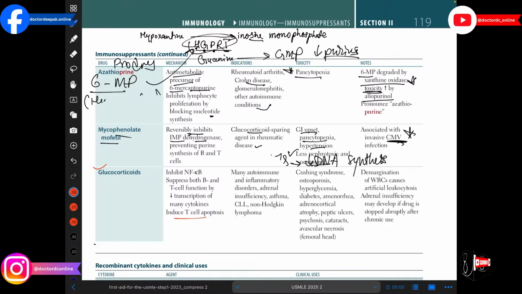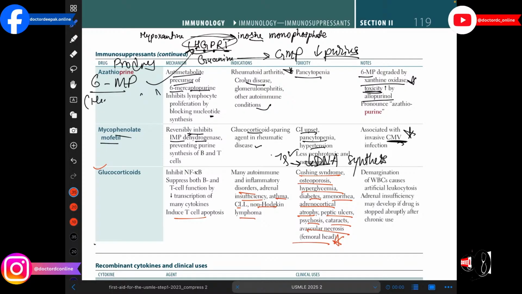They induce T cell apoptosis and are used in many autoimmune and inflammatory disorders, adrenal insufficiency, and asthma, and also in chronic lymphocytic leukemia and non-Hodgkin lymphoma. Toxicity can include Cushing syndrome, osteoporosis, hyperglycemia, diabetes, amenorrhea, adrenocortical atrophy, peptic ulcers, psychosis, cataracts, and avascular necrosis.